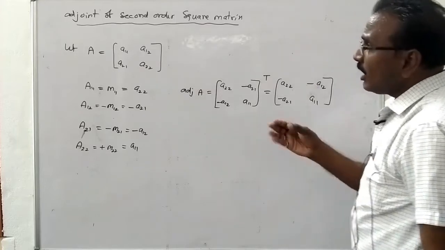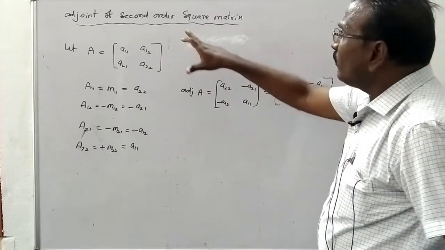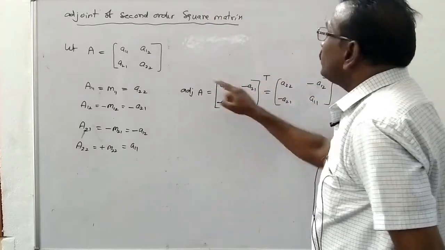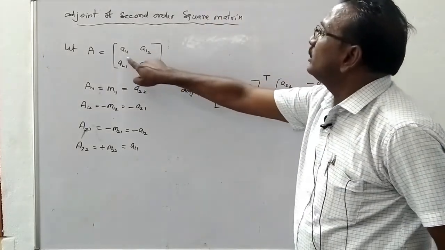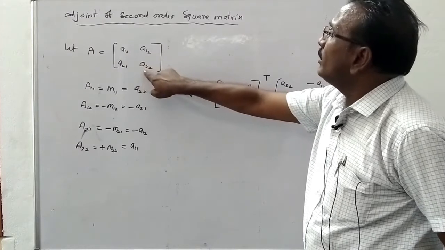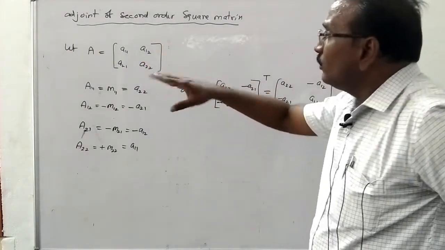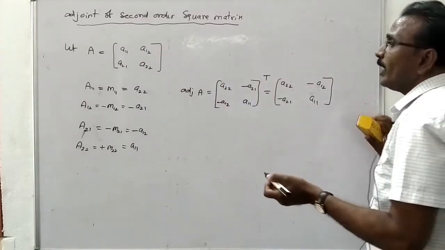Therefore the short method is: the adjoint of a second order square matrix is obtained by interchanging the principal diagonal elements and changing the sign of the other elements. We get the adjoint of the given matrix of order 2.